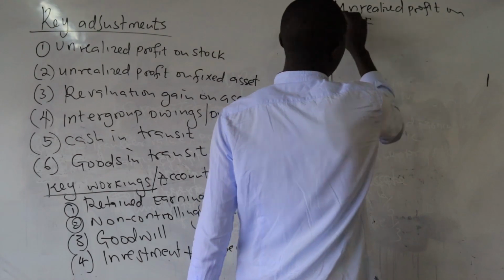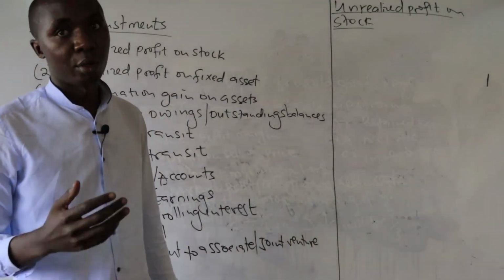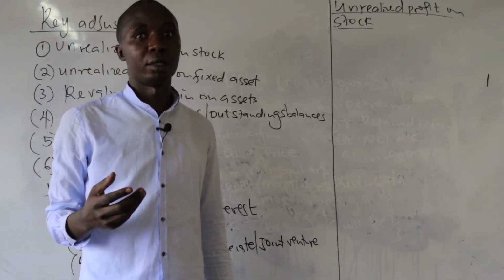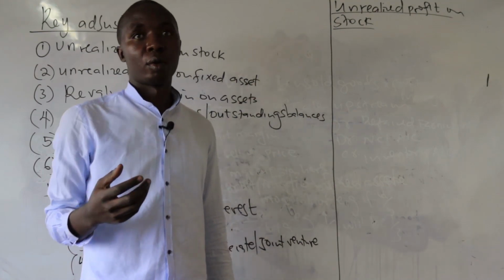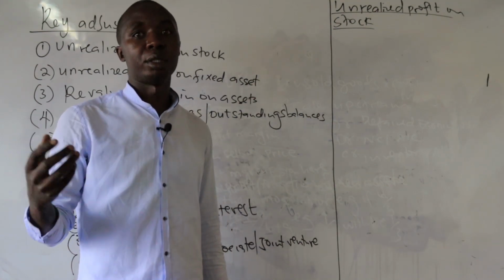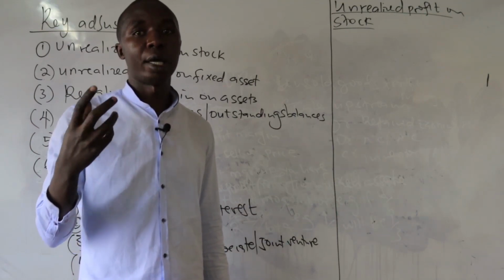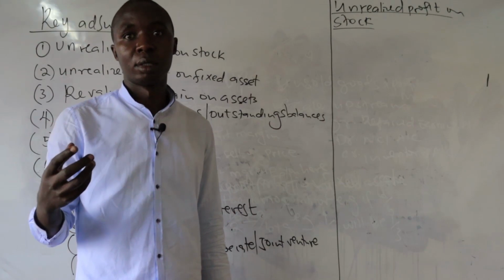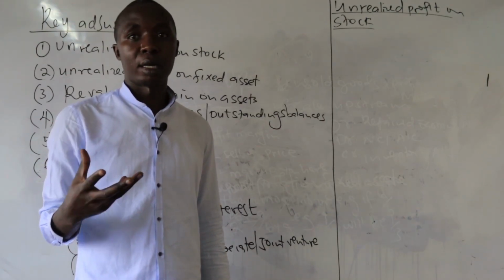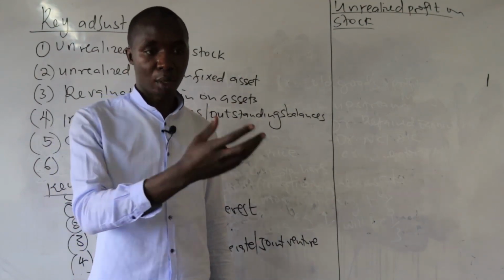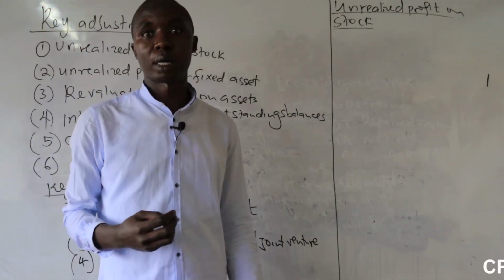When we talk about unrealized profit on stock, in group accounting you will find one entity acquired another entity, for example, A acquired B. The parent can acquire an entity between 51 and 100%, and that other entity will be called a subsidiary.